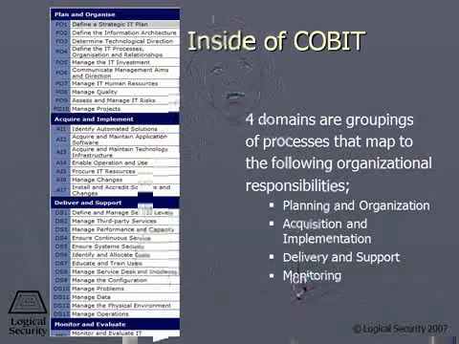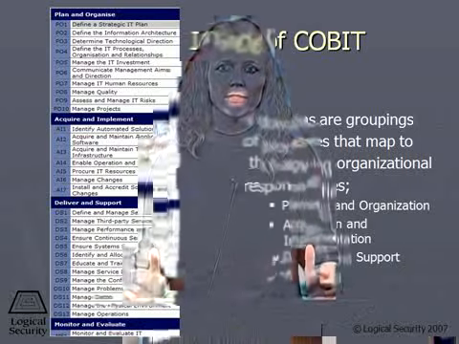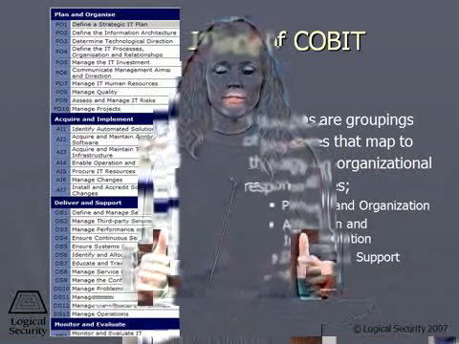Now, there's also ITIL, the Information Technology Infrastructure Library. And this is not something that's directed at security, even though there's a security component in it. The goal of ITIL is to run the IT department in a very efficient way to perform its services to its customers. And its customers are the internal groups within the company.